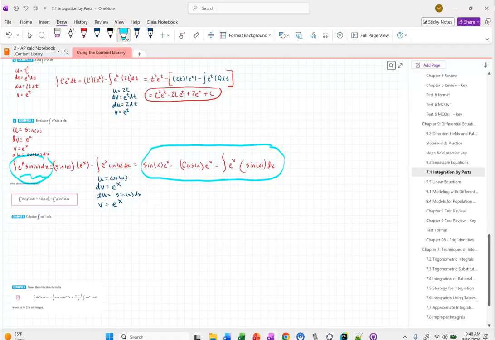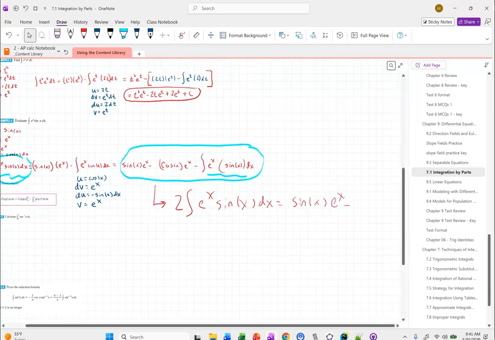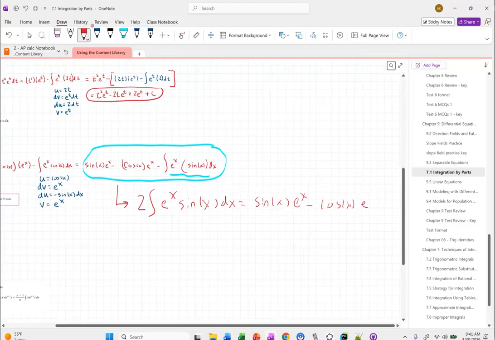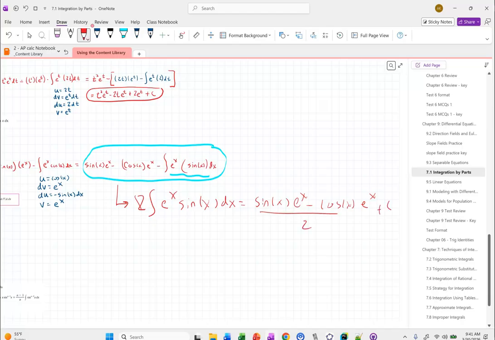The integral doesn't cancel out, but we can add them to the same side and get 2 times the integral of e to the x sine x dx equals sine x e to the x minus cosine x e to the x. And then we just divide both sides by 2 and add a plus c on the end. And we got it. That's the answer.